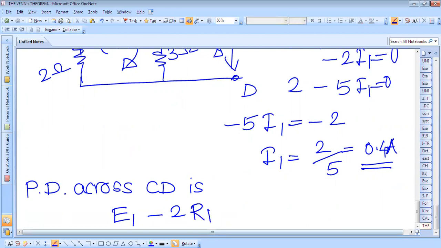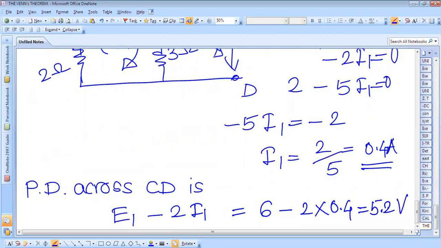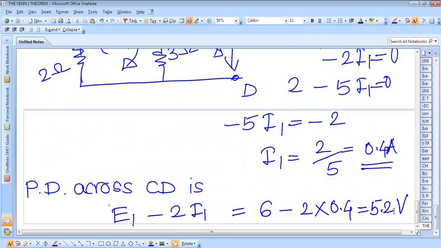This is a resistance, so the drop will be 2 into I1. This is nothing but E1, here 6 volt, minus 2 into 0.4, and this comes equal to 5.2 volt. So this is the value of E1.